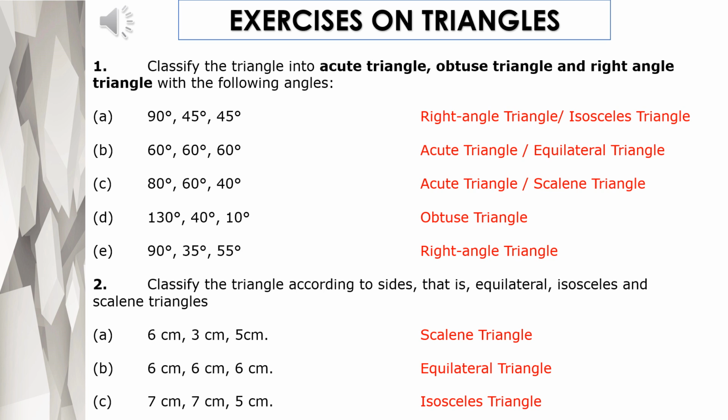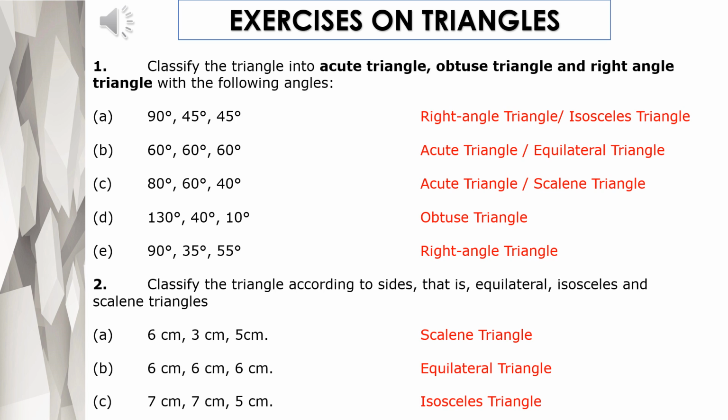Now coming to D. Obtuse triangle. Why obtuse? Because one angle is an obtuse angle. Now going to E. Right angle triangle. Why so? Because one angle is 90 degrees. Now taking you down to question number 2.